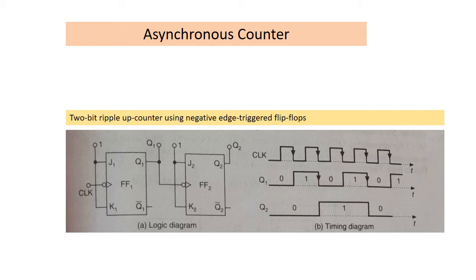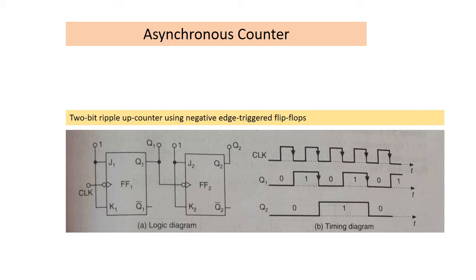The figure shows a 2-bit ripple up counter using negative edge triggered JK flip-flops and its timing diagram. The counter is initially reset to 00. When the first clock pulse is applied, FF1 toggles at the negative going edge of this pulse.